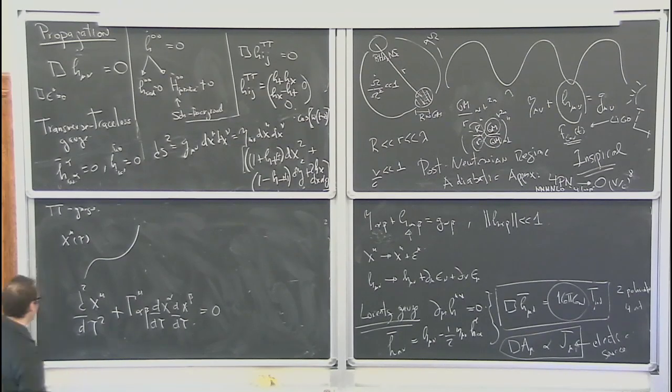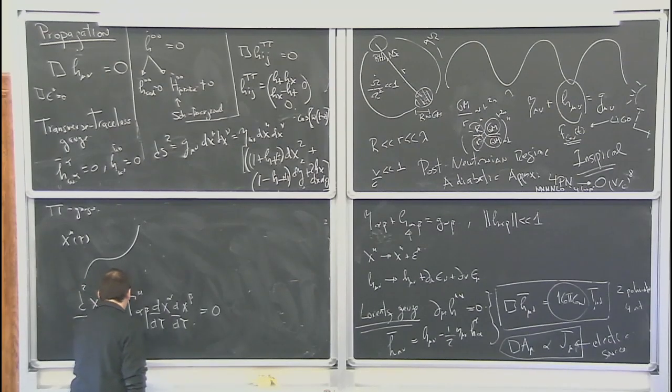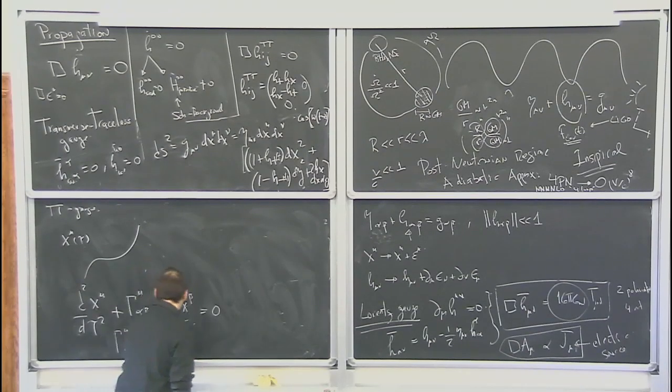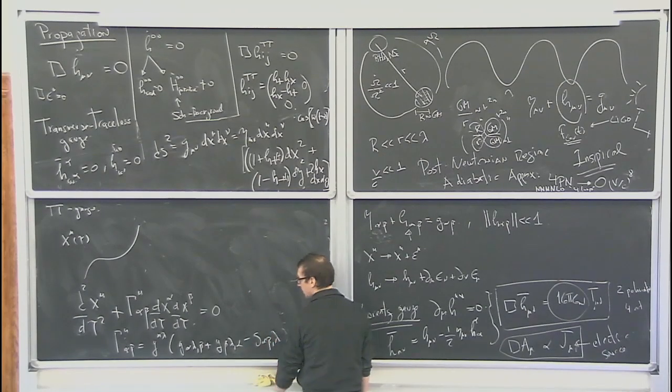And we're going to assume this is the geodesic equation with this gamma, the connection, which, if I remember, goes something like this. Beta, alpha, half.